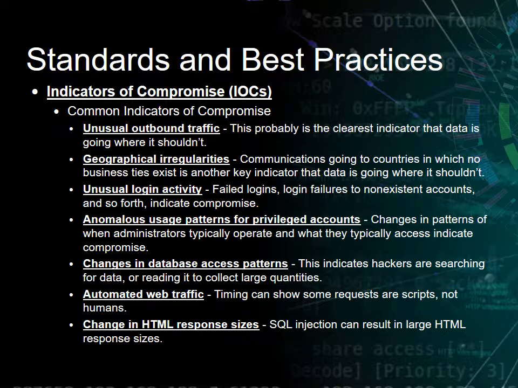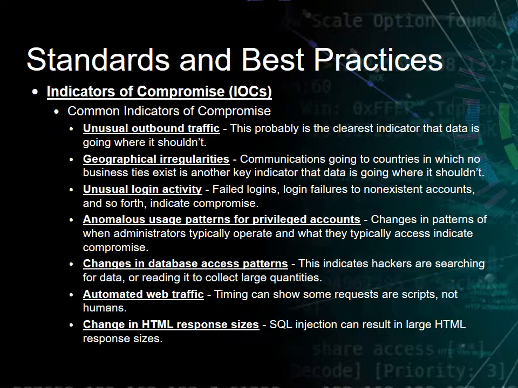Anomalous usage patterns for privileged accounts, so changes in the pattern of when administrators typically operate and what they typically access, indicate compromise. Changes in database access patterns. This indicates hackers are searching for data or reading it to collect large quantities.